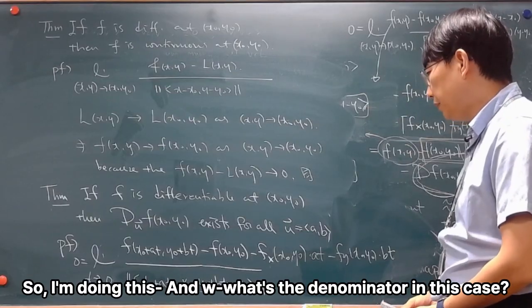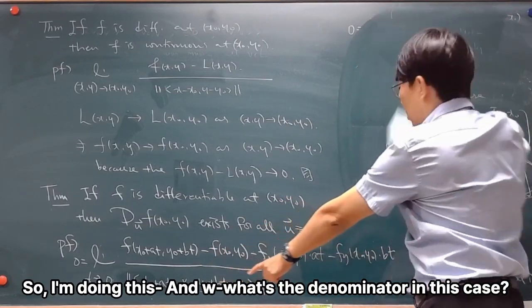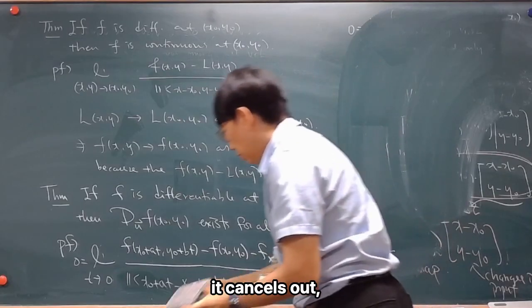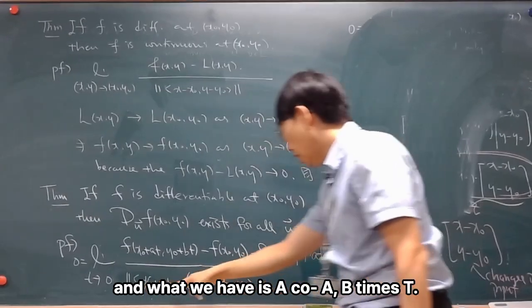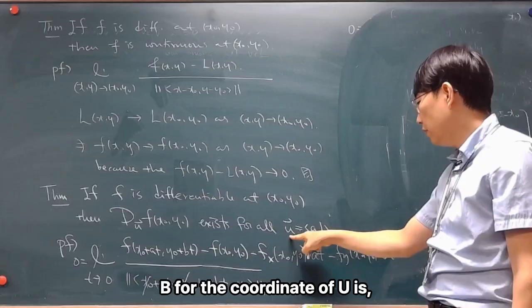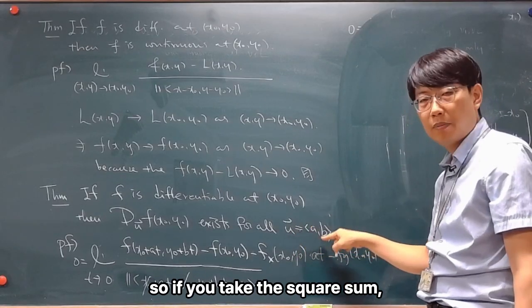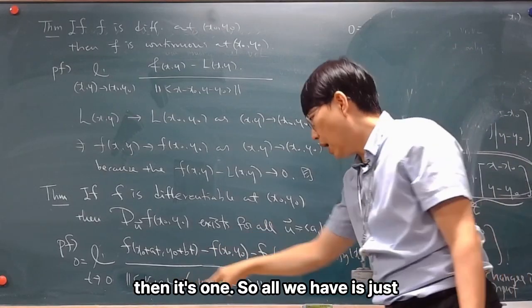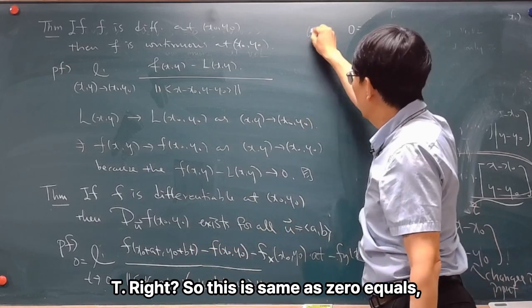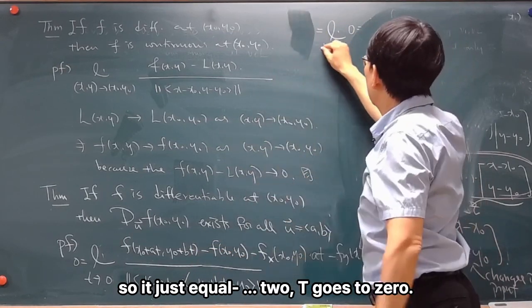And what's the denominator in this case? The x0 cancels out, and what we have is (a, b) times t. We know that (a, b), the coordinates of u, has size 1, so the square sum is 1. So all we have is just t, right? So this is the same as 0 equals the limit as t goes to 0.